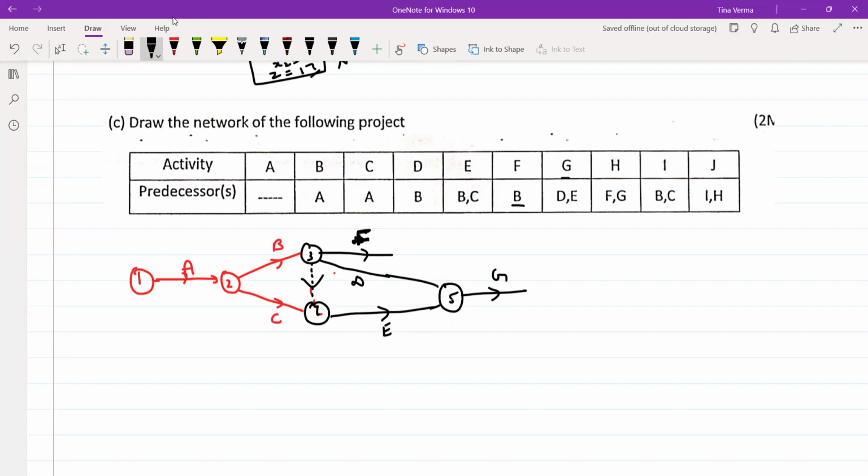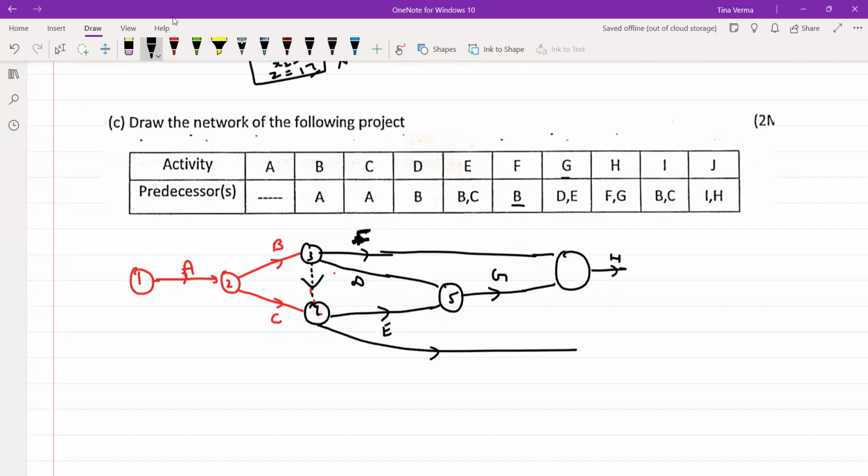And to start the activity H, you require F and G. So this can be this. F and G both are required for this. Next, you have the I activity for which you require B and C. So you remember here your B and C also end.